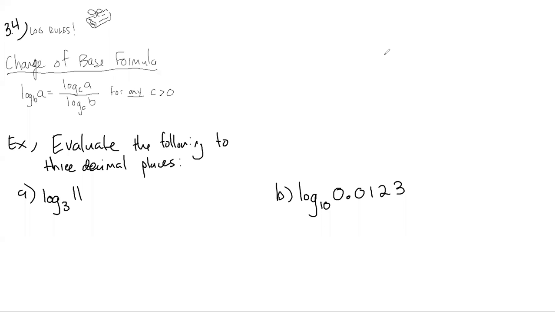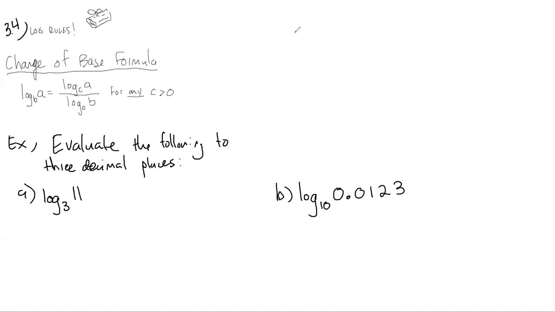All right, so we'll use this formula in action here, and we're going to evaluate a couple of these logarithms to 3 decimal places. So log base 3 of 11. I'm just going to use ln. You can do it with base 10 log, and you should find that you get the exact same answer.